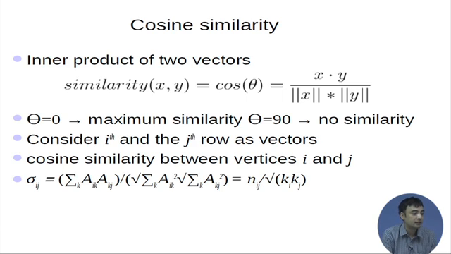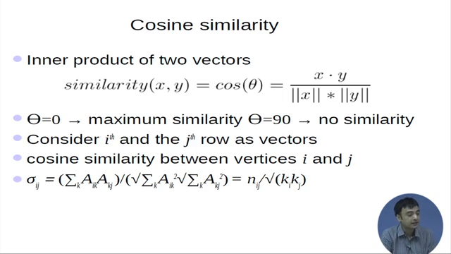So cos theta is calculated as x dot y divided by the norm of x multiplied by the norm of y. This is in terms of the entries of the adjacency matrix. If the theta angle is 0, then cos theta evaluates to 1 and that is perfect alignment, that is, the two nodes are completely structurally equivalent, whereas if theta is 90 degrees, then cos theta evaluates to 0 and they are not at all equivalent.